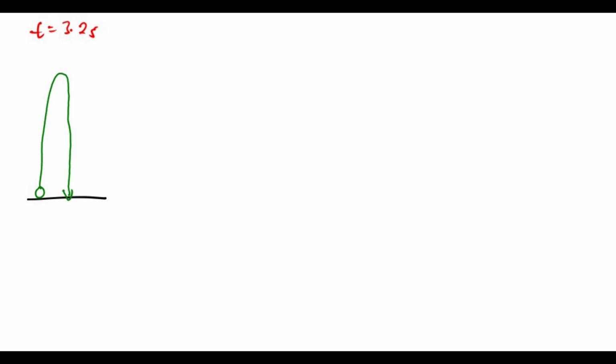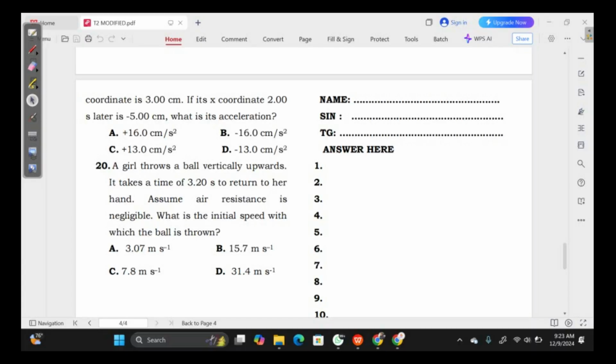Okay, so when it reaches the maximum height, the final velocity there is 0. That's one thing we should know. Then, the initial speed we don't know. It's the one we want to find. Have we been given anything apart from that? No. Okay.